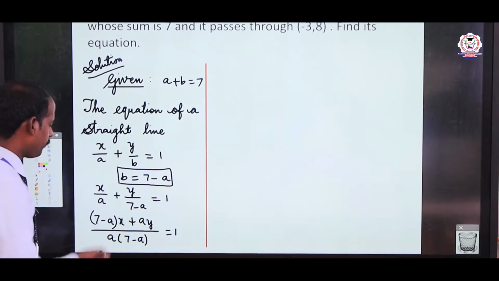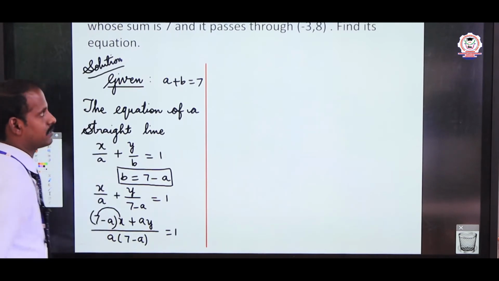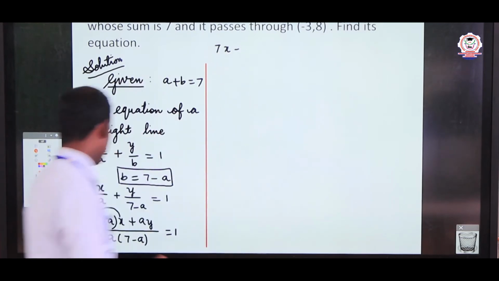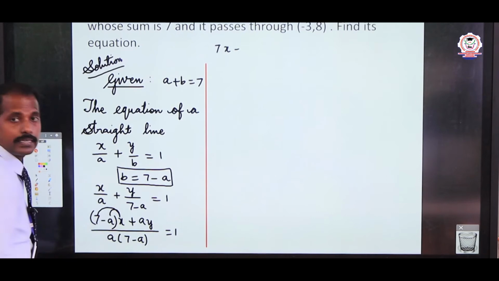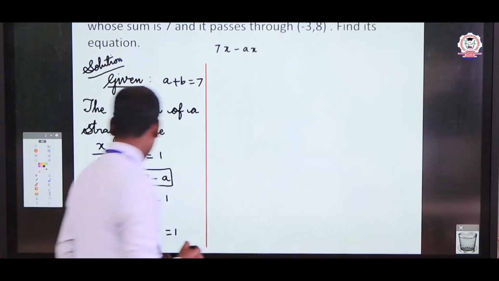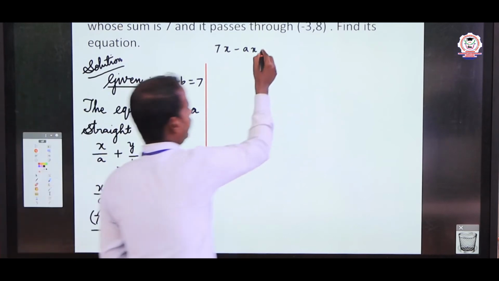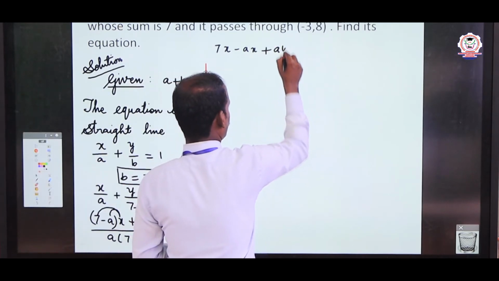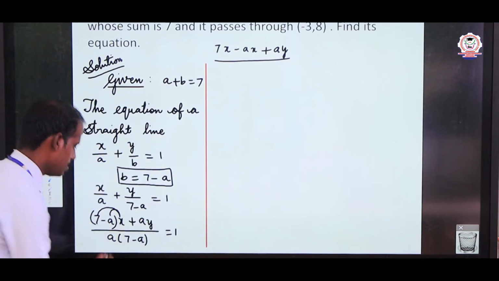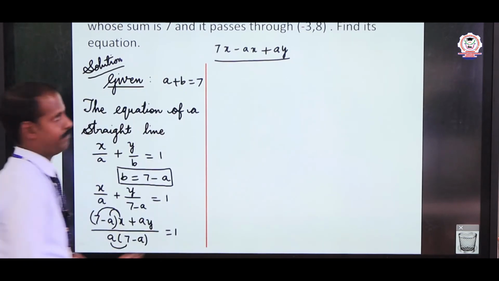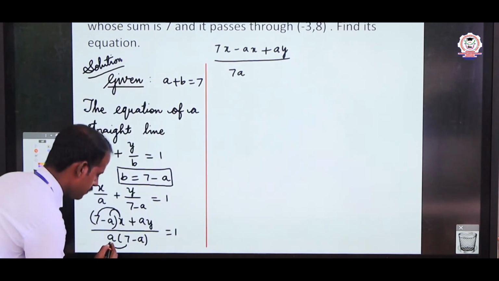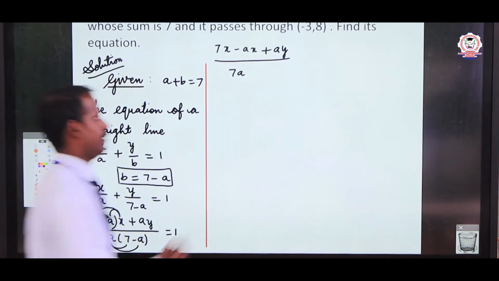So 7 into x, 7x, minus a into x, ax, plus ay. Now the denominator: 7 into a, 7a, and a into minus a, minus a square.